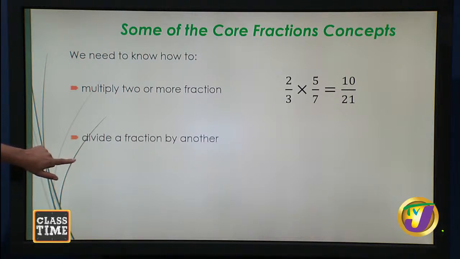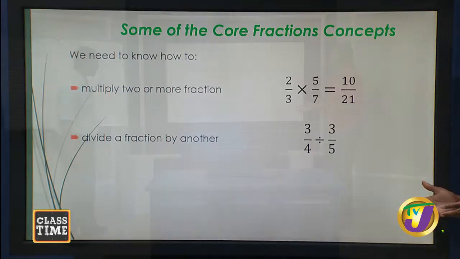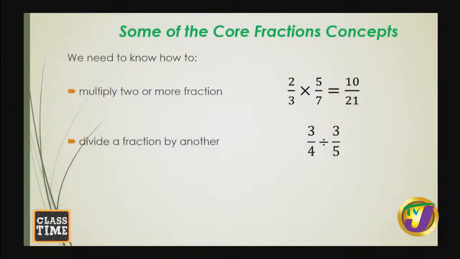But what happens when we are dividing a fraction by another fraction? Normally we say we change the sign and flip the second fraction. But what we're really doing is multiplying by the reciprocal. That's a big word, but basically it's the inverse of a fraction.